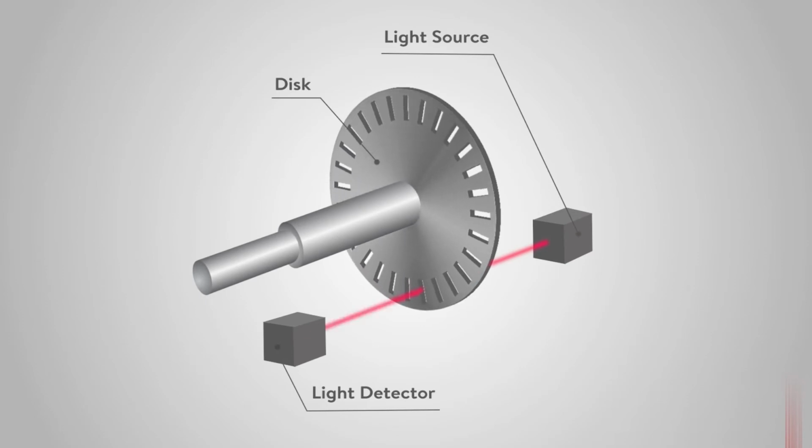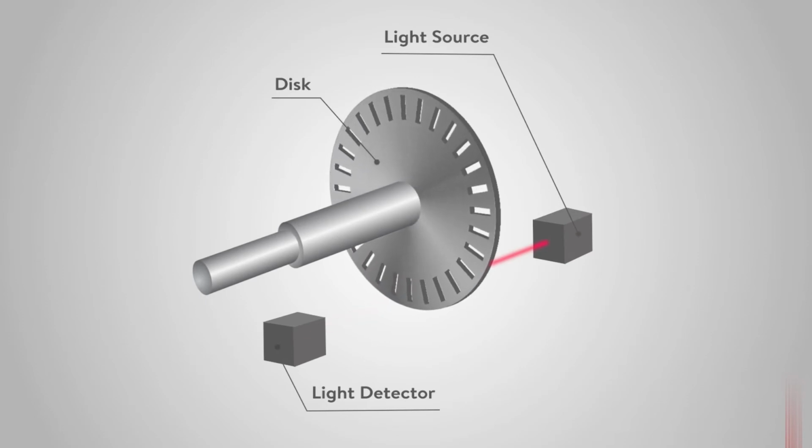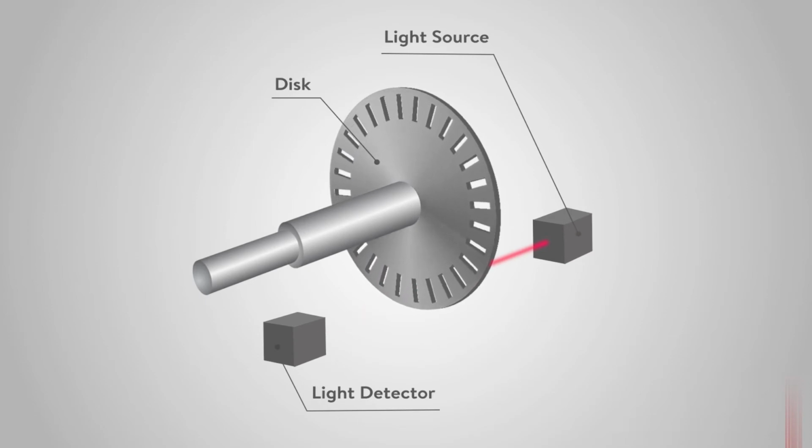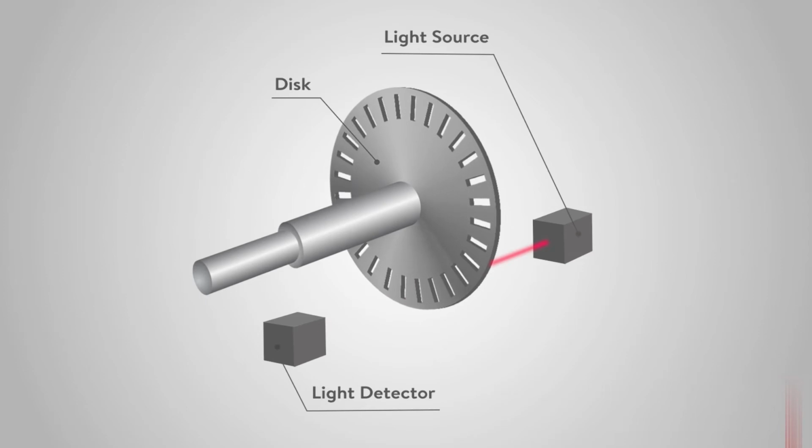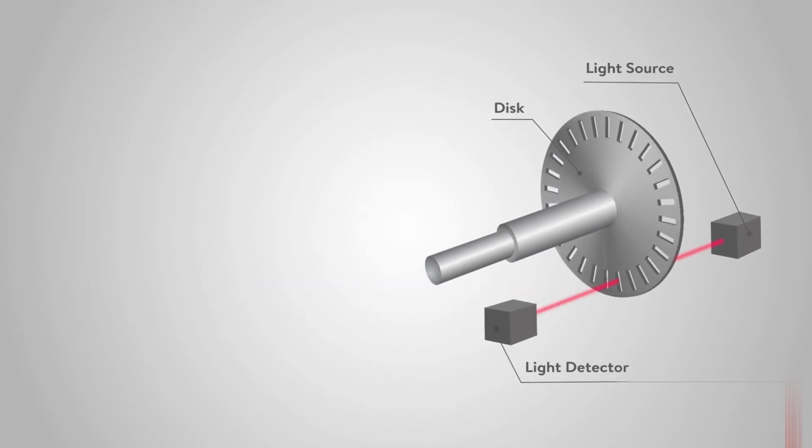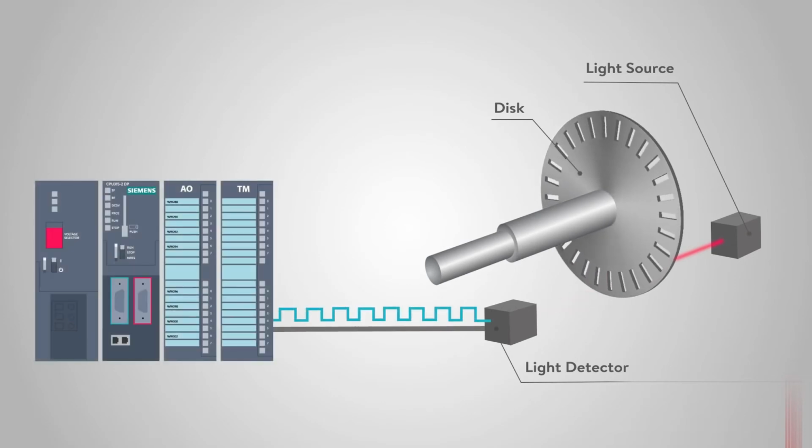On the other side of the disc is a photosensing device that will interpret the light based on the pattern on the disc. Picture a shutter blocking and unblocking the light. The pulses of light are then converted to an electrical signal to be sent back to the processor through the encoder's output.